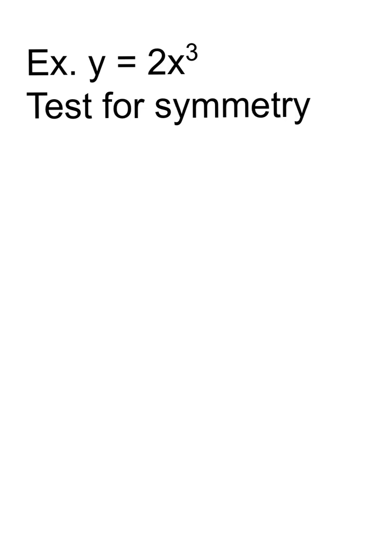All right, but they ask us to test for symmetry. So we've got to test for all possible symmetries, and we're going to do that algebraically. We're going to start with the x-axis. We're talking about y equals 2x cubed. For x-axis symmetry, replacing y with negative y should show an equivalent equation.